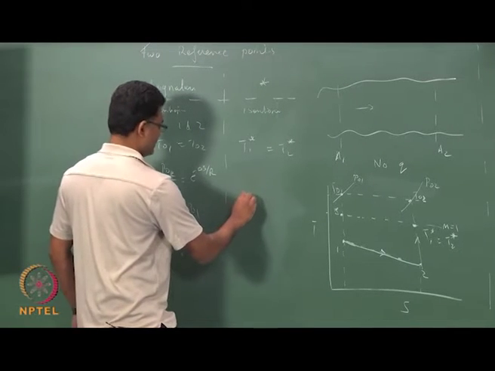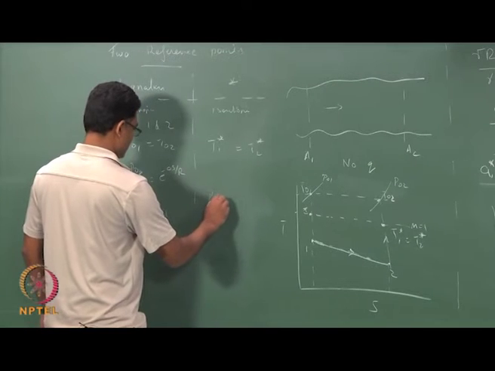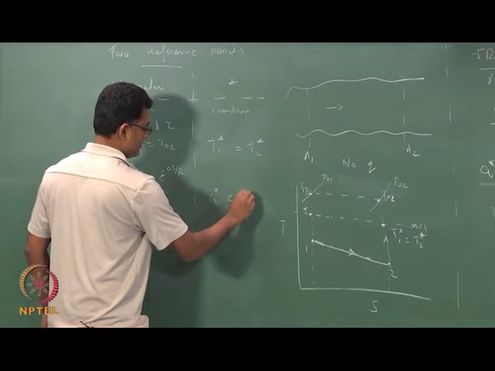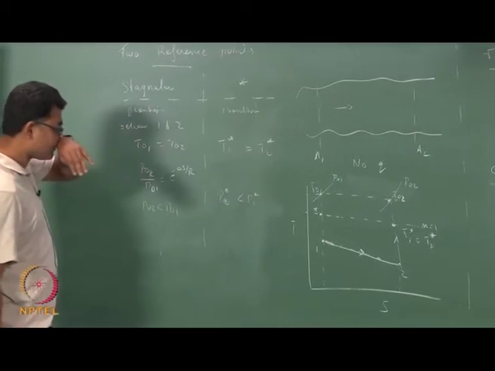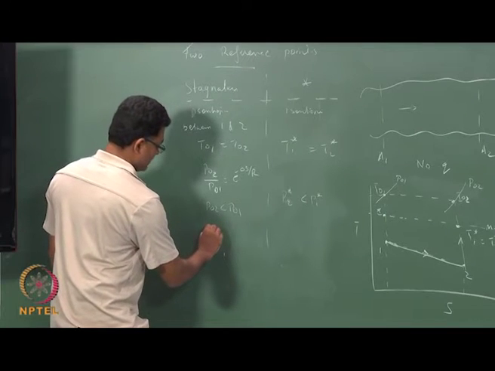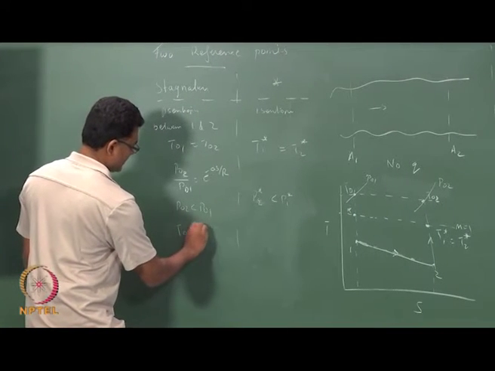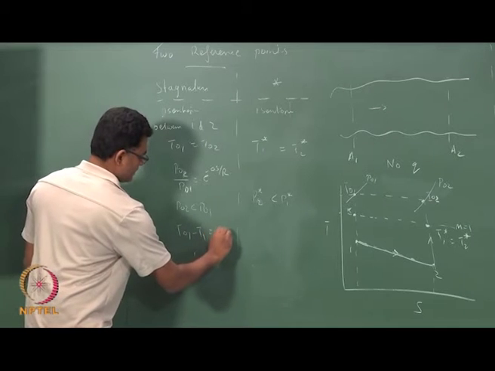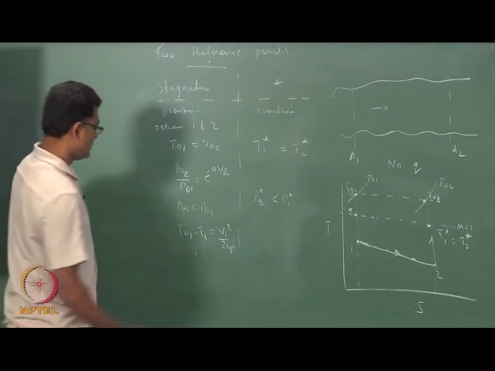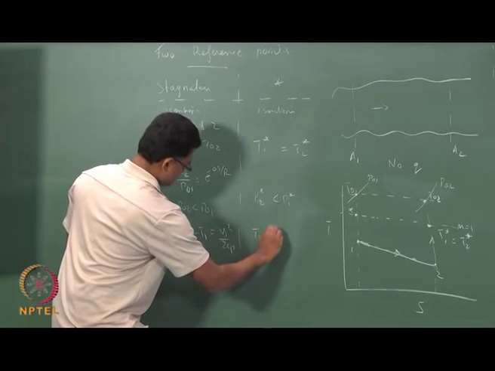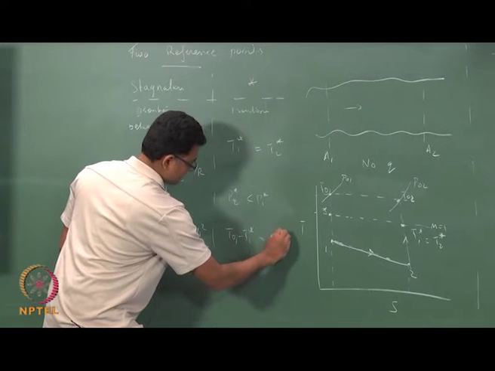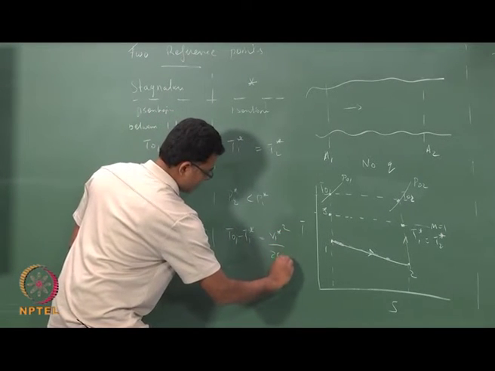Likewise, here your P2 star is less than P1 star. And here your T01 minus T1 is your velocity square by 2 Cp. Here T01 minus T1 star is your V1 star square by 2 Cp.